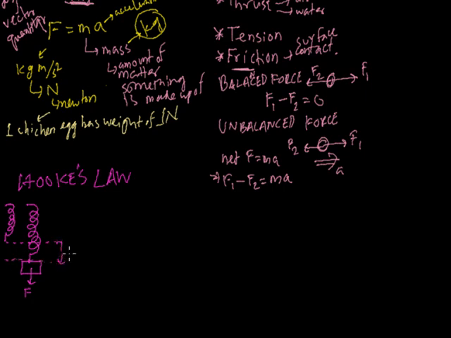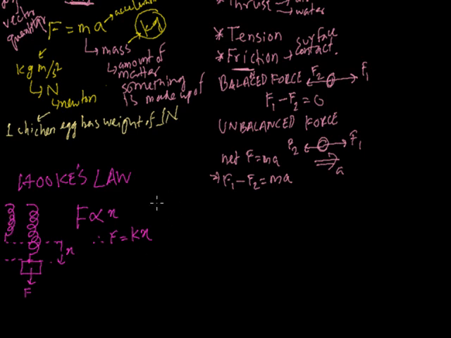Suppose this extension is x. So Hooke's law says that the force that you're applying is directly proportional to the extension. So the more force you give, the more it will extend, so it is F equals some constant into x. That's the law of proportionality. So if you remove the force, it will return to its original position.